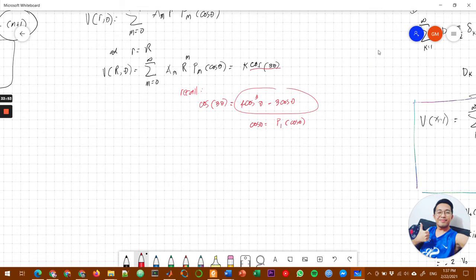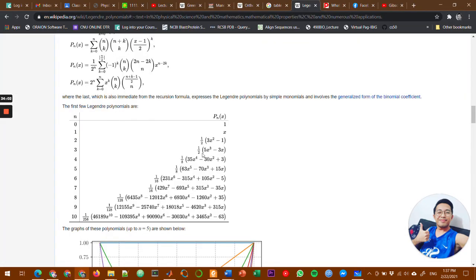Okay? Now, let's take a look at katong P3, kinaaman dito ang cosine cube. Tara. So, that would mean 1 half 5 cosine cube minus 3 cosine theta. Okay? That's equivalent to P3.